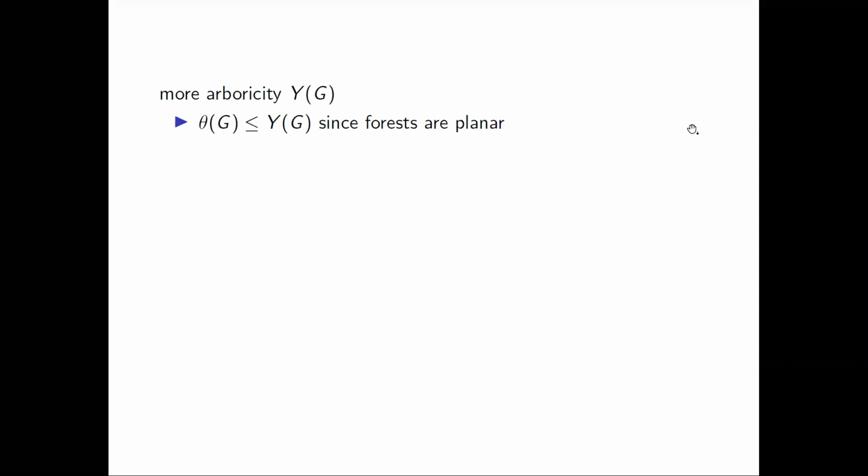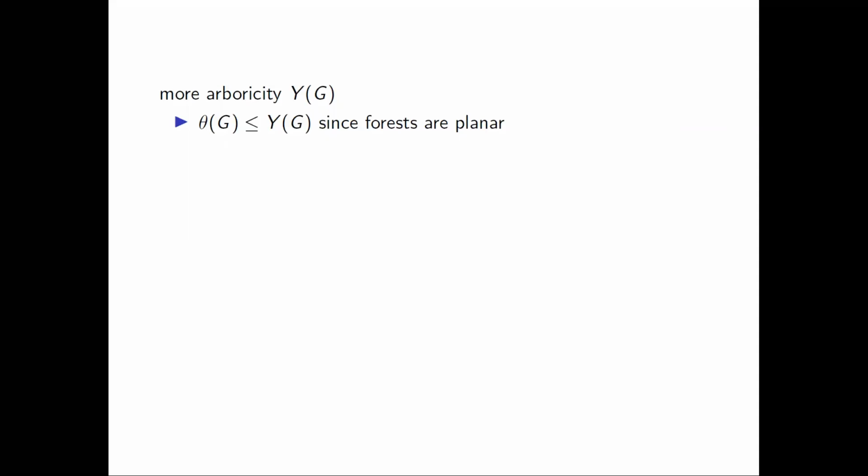So one thing that we can observe immediately is that the thickness of G is at most the arboricity of G. So we can consider a decomposition of G into forests, and we can specify that this is a decomposition of G into y of G forests.